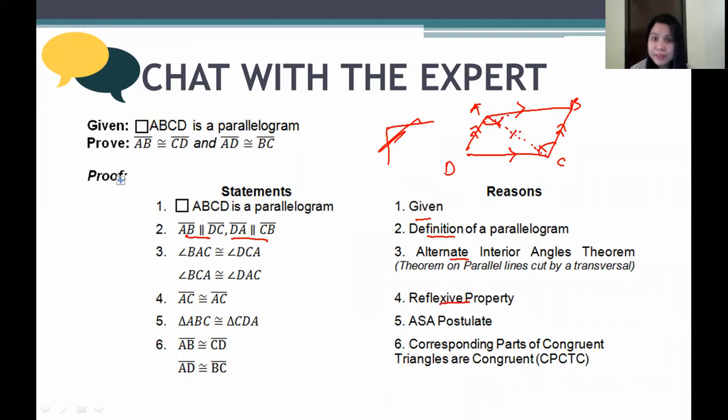So therefore, this triangle is congruent to the other triangle. The reason, ASA postulate. Why? It's angle, side, angle. This is equal to this, and this one is equal to this one. So ASA. Therefore, their corresponding parts are also congruent.